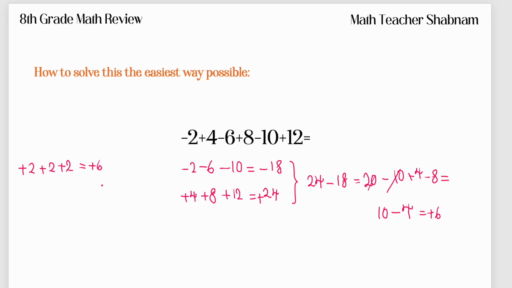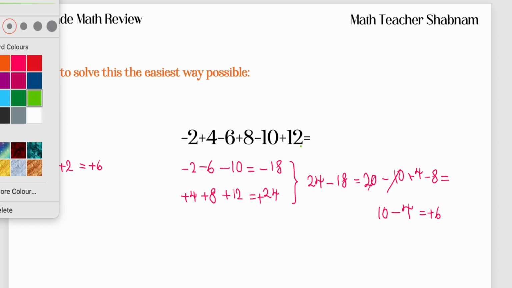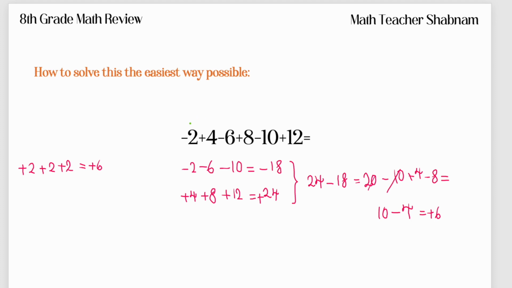Is there any other method that maybe we can try? We can pick and choose our numbers. For example, I can add the first number and the last number together, since I can see they make a good combination. Positive 12 and a negative 2 give us a positive 10. Then I look again.